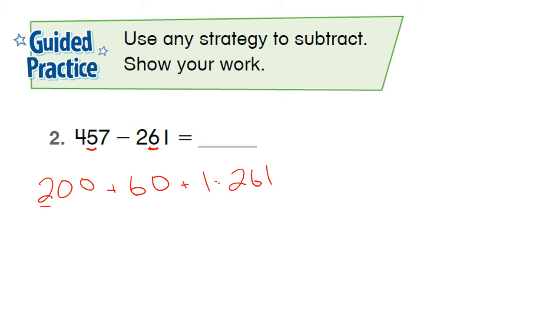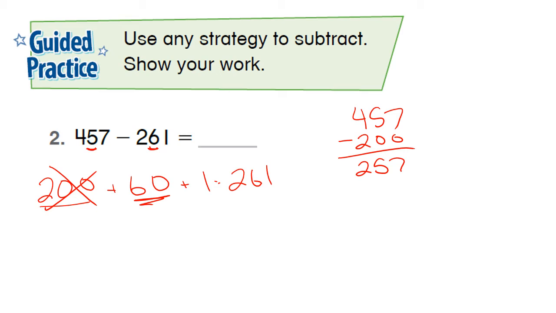So I'm going to first subtract 200. So 457 minus 200 is equal to 257. So I subtracted that. Now I have to subtract 60. And this is where it gets a little crazy, because I can't take 6 tens from 5 tens. So what I'm going to do is I'm going to use place value blocks to kind of show you what I'm doing.